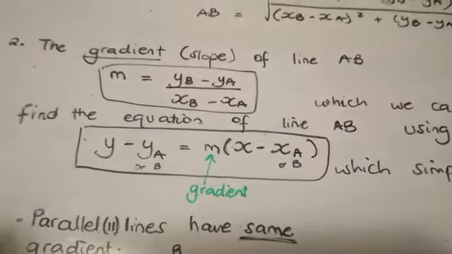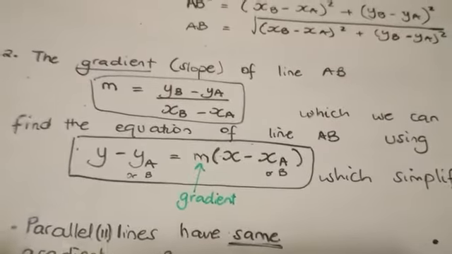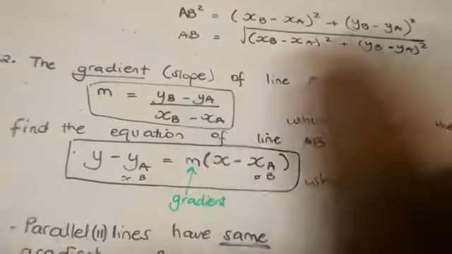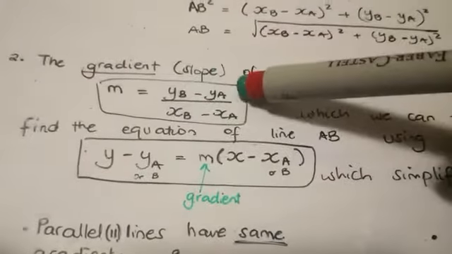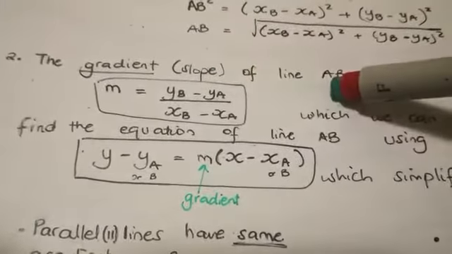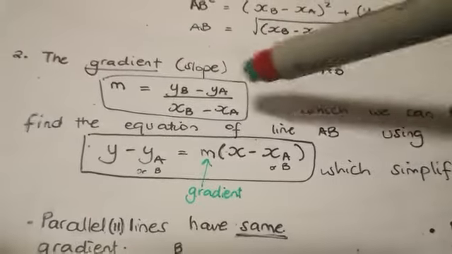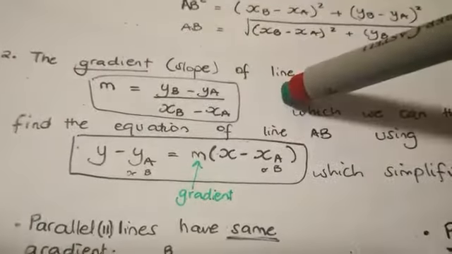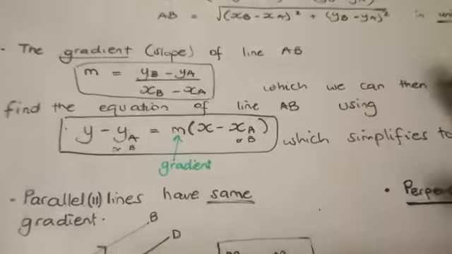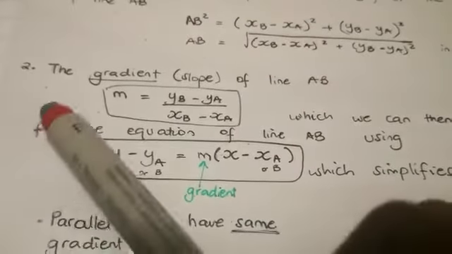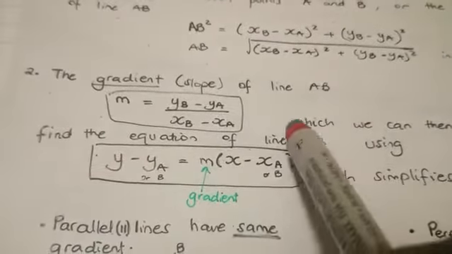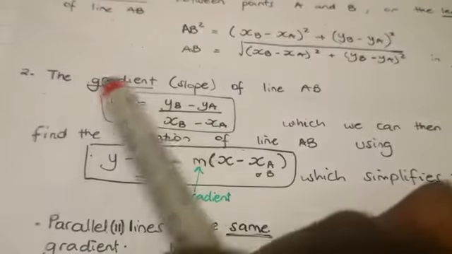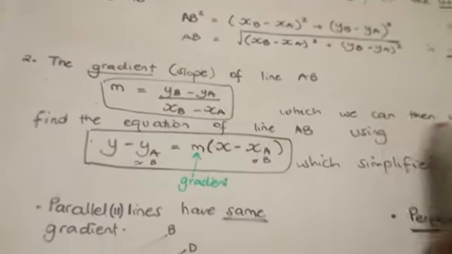It can also be written as yA minus yB over xA minus xB. It doesn't matter which coordinate you start with, but what matters is that you maintain the order.